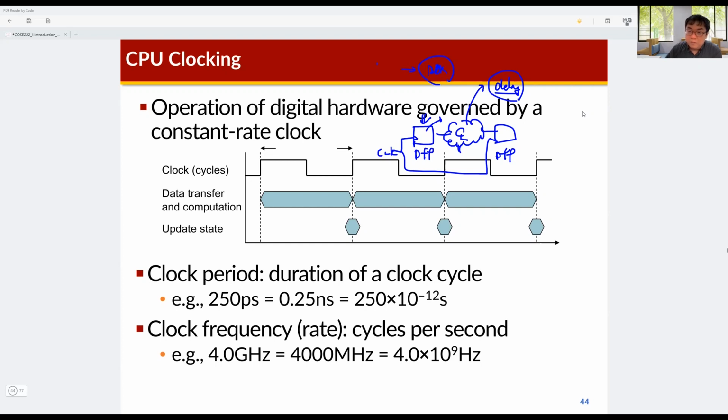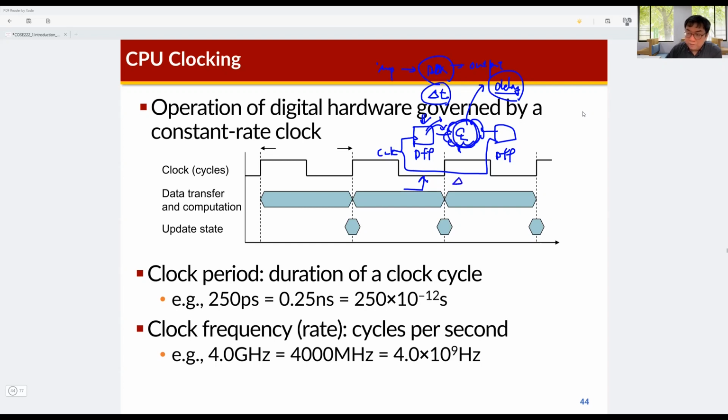It receives the input signal and generates the output signal after some delay, delta t, right? At the rising edge of the clock signal, the input signal is given to the combinational logic.